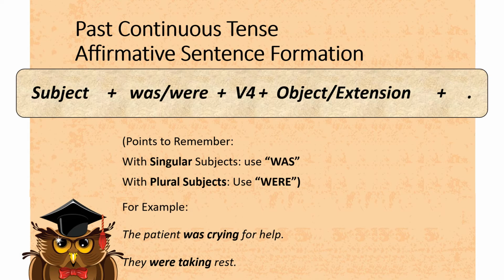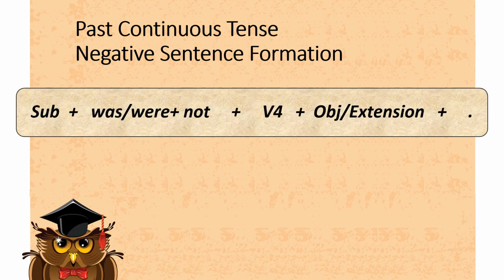The auxiliary verb and the helping verb would help you to understand that the given sentence is the past continuous tense. Let's talk about the negative sentence formation, because we have to convert the given affirmative sentence into its negative form.